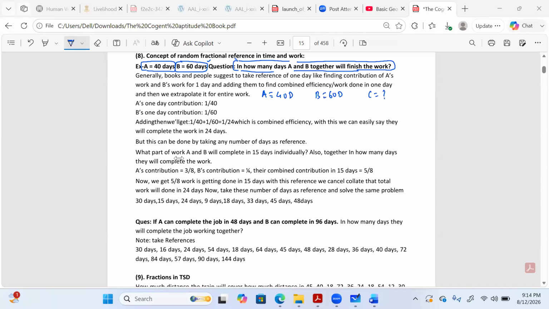How much work is C doing in certain days. Yes, मतलब you want to have a reference for C, and that reference could be of any days, है ना?